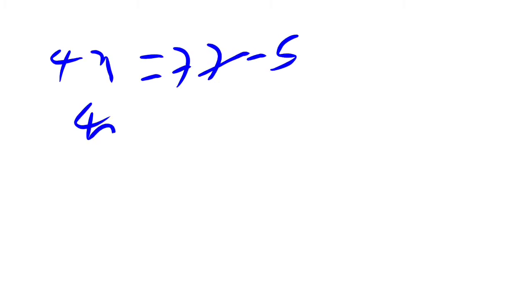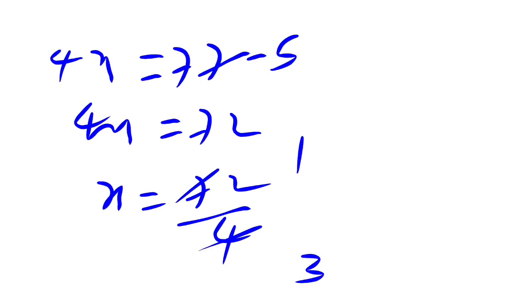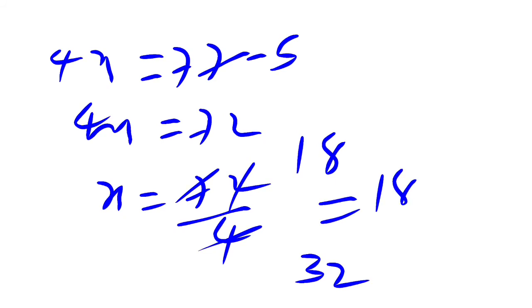So 4x equals 77 minus 5. So 4x equals 72. Then x equals 72 divided by 4. 4 ones are 4, remainder 3. 4 8s are 32. So it equals 18. So the required answer is 18.